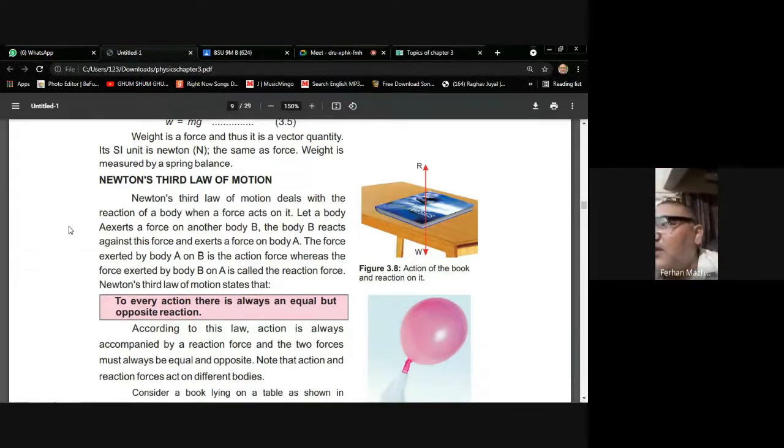For example, you must have heard this, that when you are walking, you apply force by your feet in the backward direction on the ground, and the ground applies force on your feet in the forward direction.